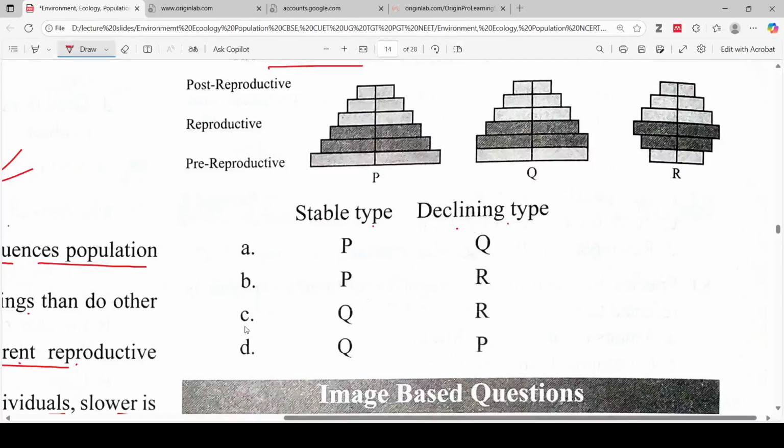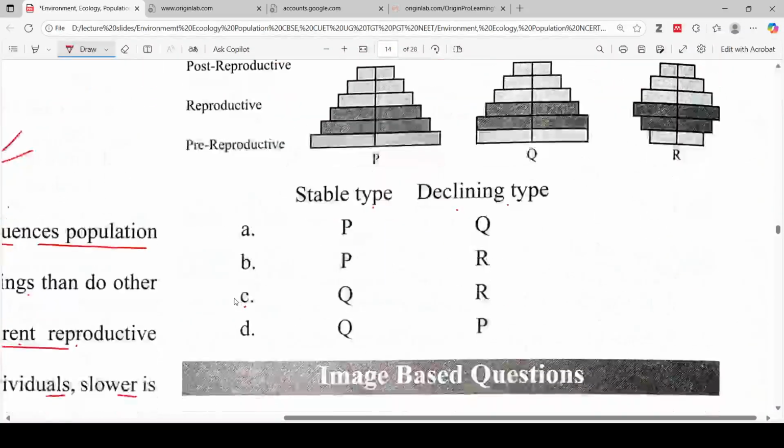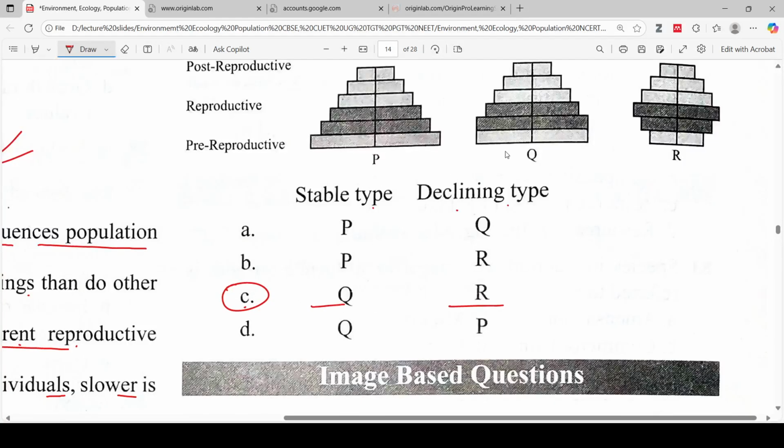So the correct answer will be option C, because in the Q population the pre-reproductive population is slightly lower than the reproductive, so it will be stable type.